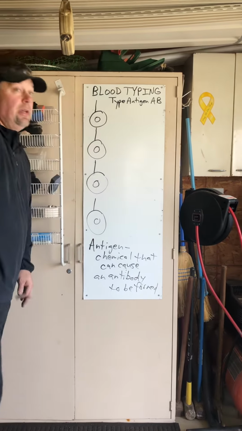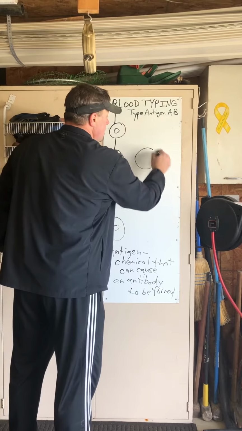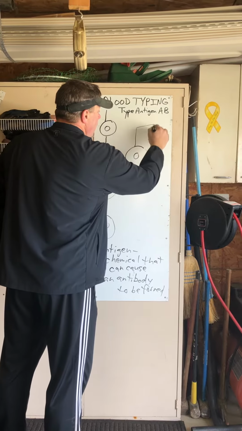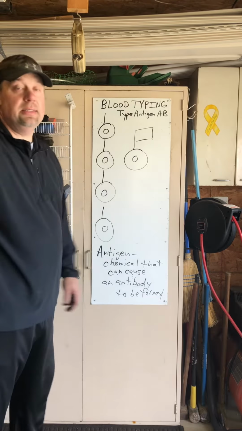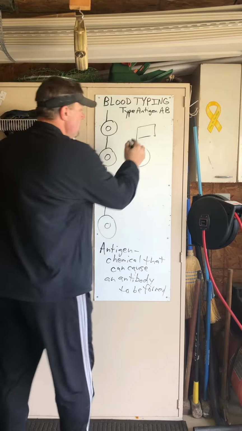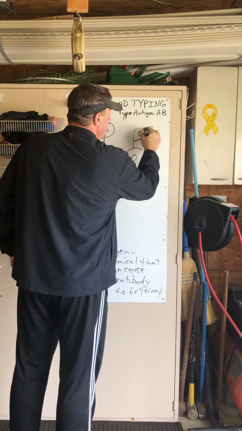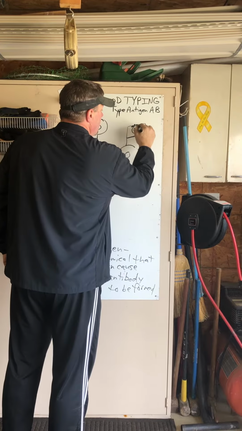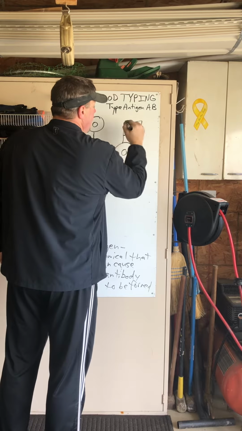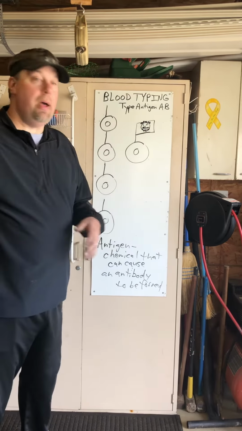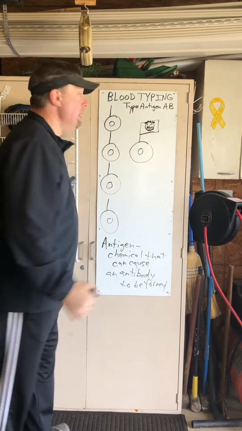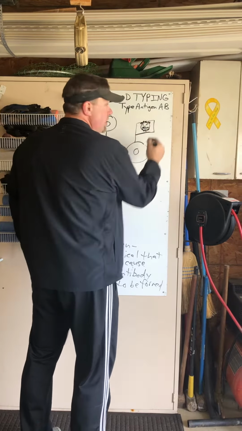Now, in the case of a normal cell, it has these as well. And I'm going to draw it like a flag. This is the easiest way I can explain this. It's like a flag flying. And in this case, this is my flag. So every cell in my body is marked with that flag. And again, that is an antigen, an antigenic marker.